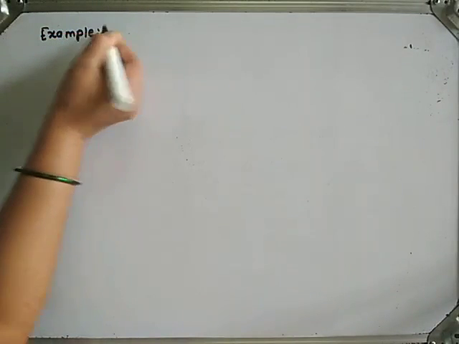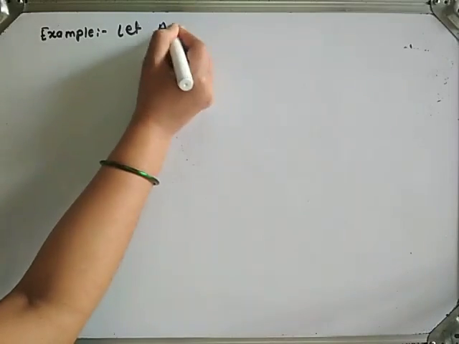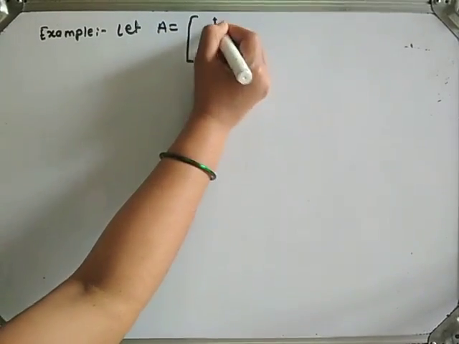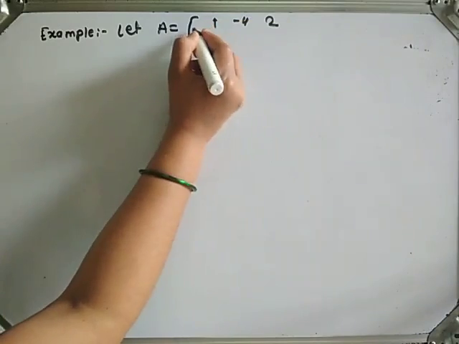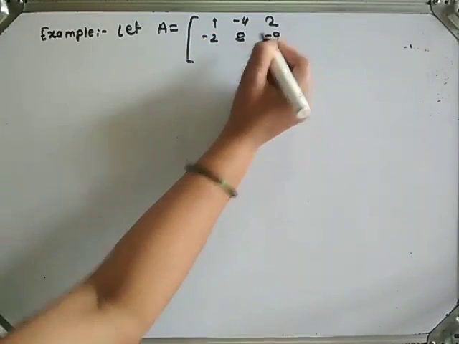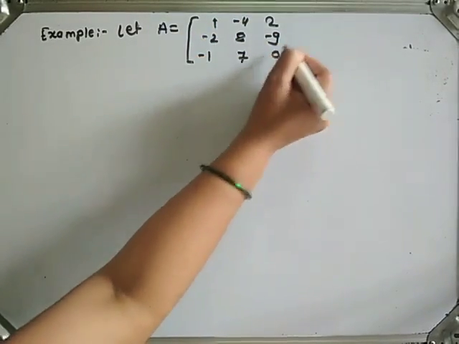Example. Let A is equals to matrix 1 minus 4 2, minus 2 8 minus 9, minus 1 7 0.